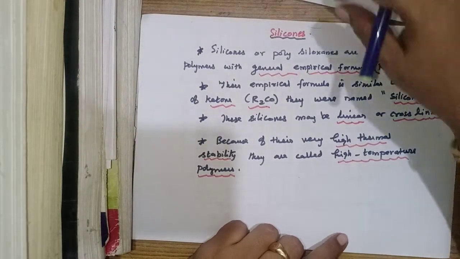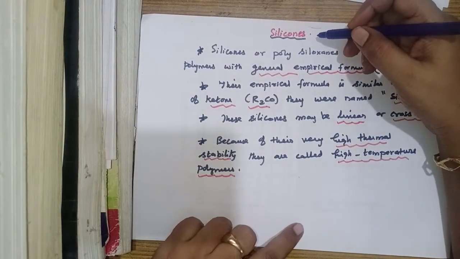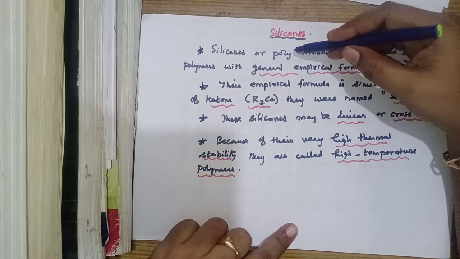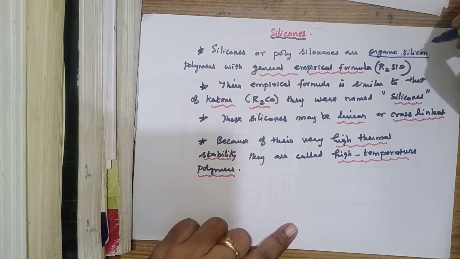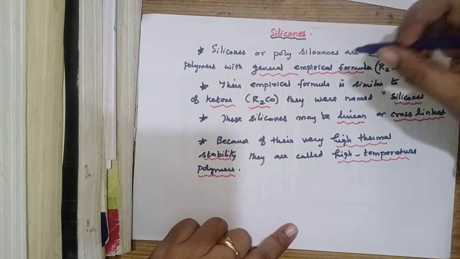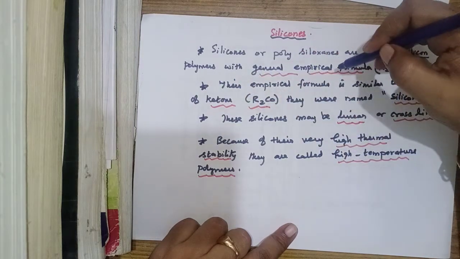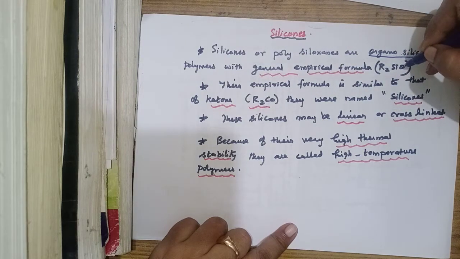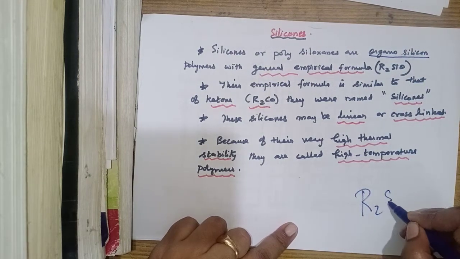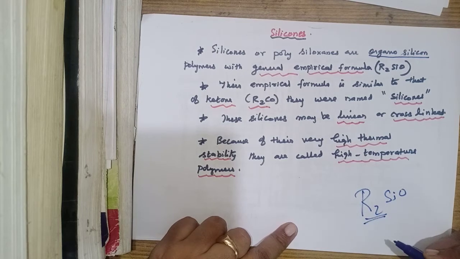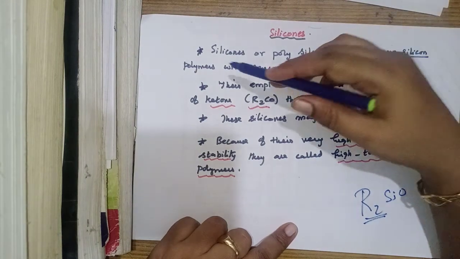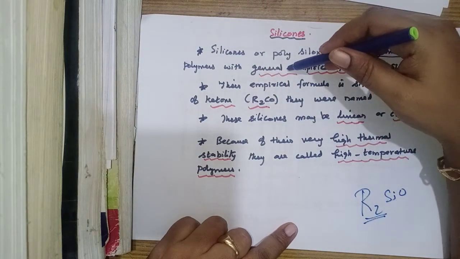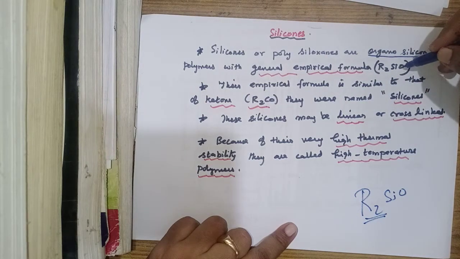Then next we are going to see silicones. What are silicones? Silicones are polysiloxanes or organosilicon polymers with the general empirical formula R2SiO, where R is alkyl.